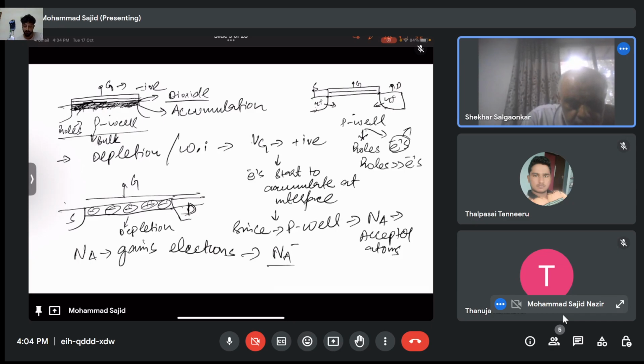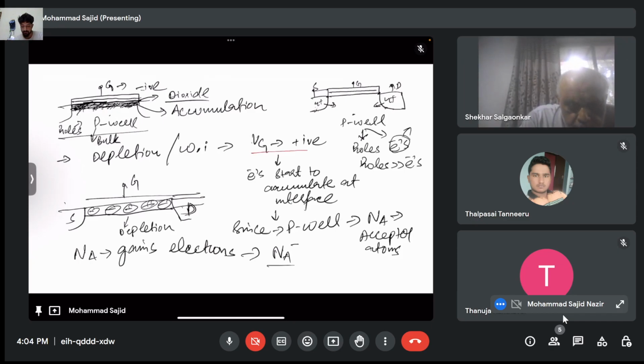You can see here, as Vg is positive, electrons start to accumulate at the interface. Since the P well is P-type doped, there are holes. Once electrons start accumulating at the interface, these holes will capture these electrons and the charge at the interface will turn negative, right? So that's what happens in the depletion part.